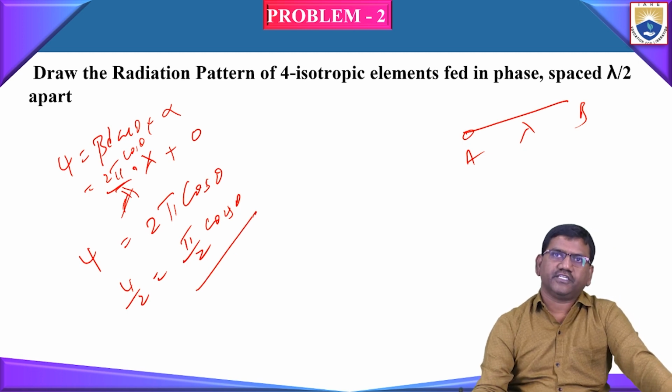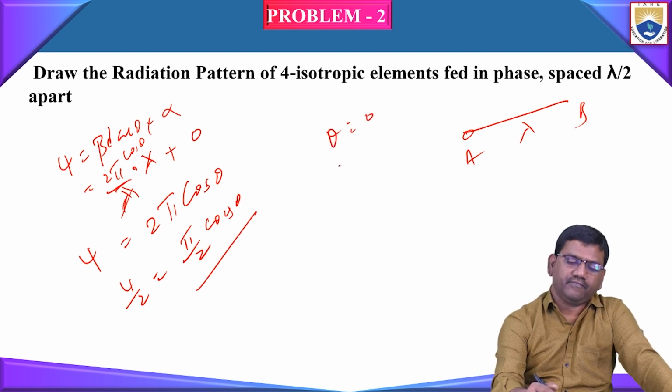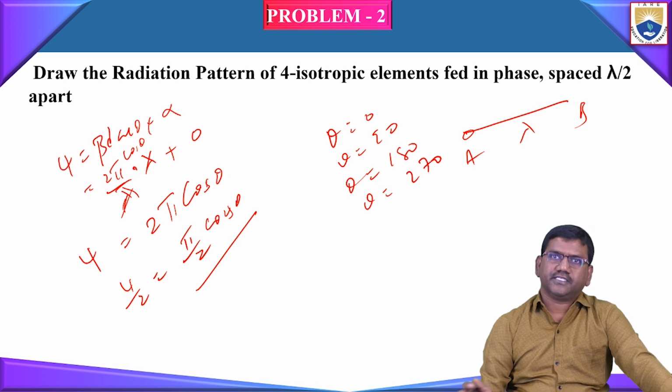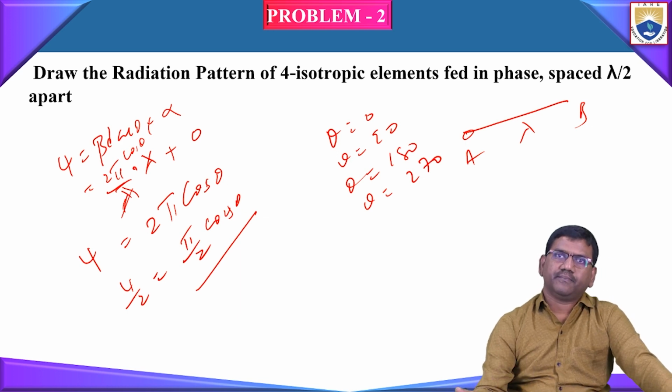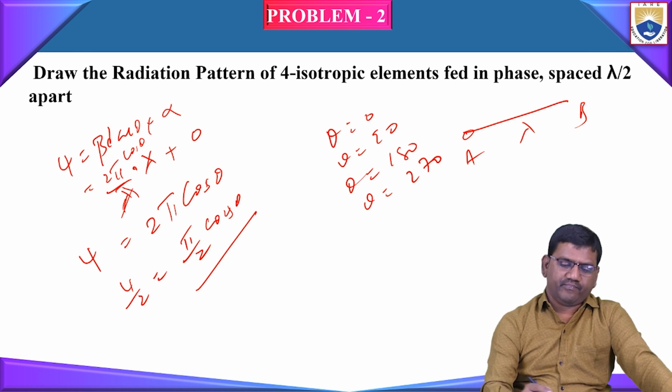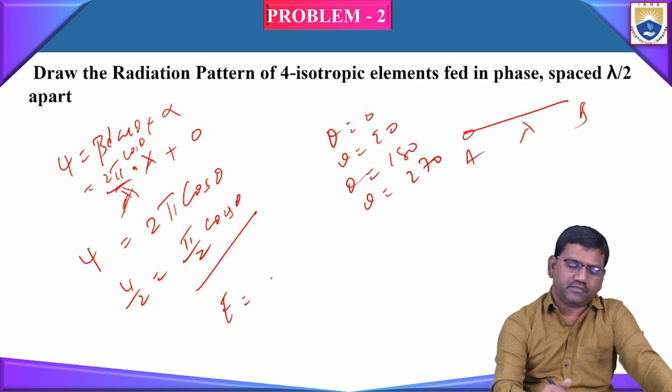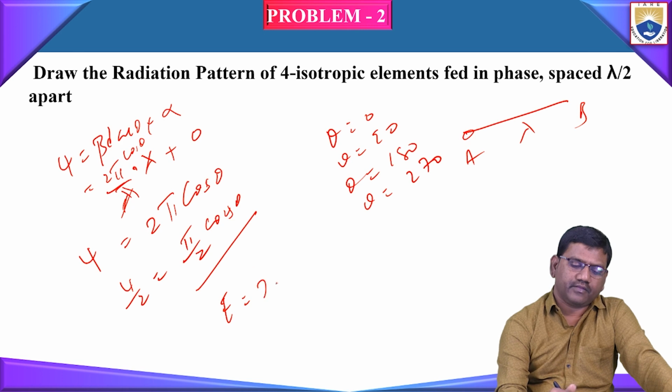By substituting the values of theta, theta is equal to 0, 90, 180, and 270 degrees. So psi by 2 is equal to pi by 2 cos theta here. So E is equal to 2 E naught.